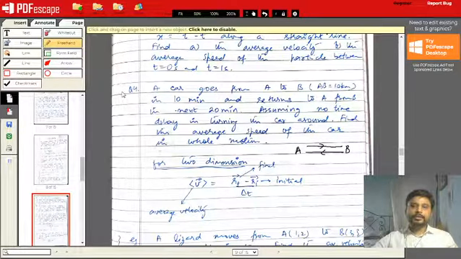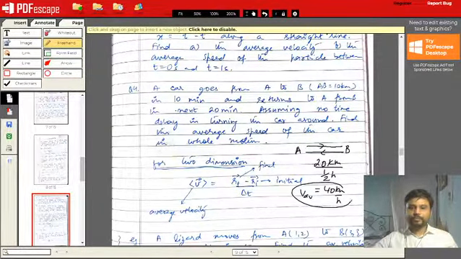So the total distance covered by the car is simply AB plus AB, that is 20 kilometers, and the total time taken is half an hour. So this is 40 kilometers an hour. So this is the average velocity of the car for 2 dimensions.